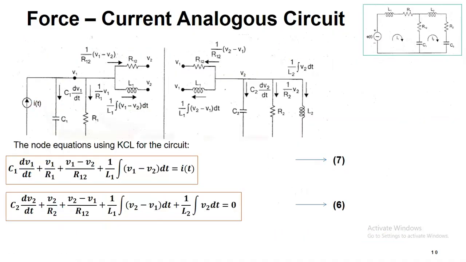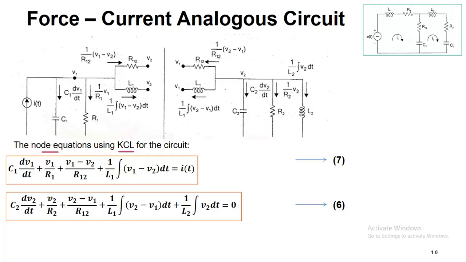Now, for this force current electrical analogous circuit, we are going to write the node equations using KCL. So, take V1 as a node for which we have a current i of t. How did we achieve this?